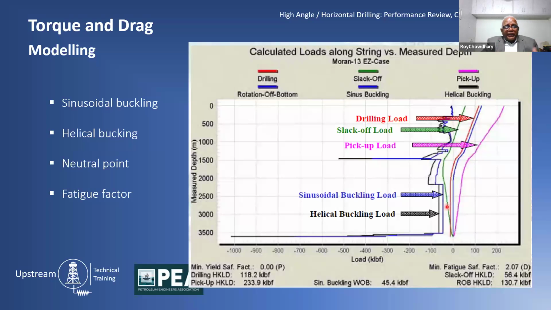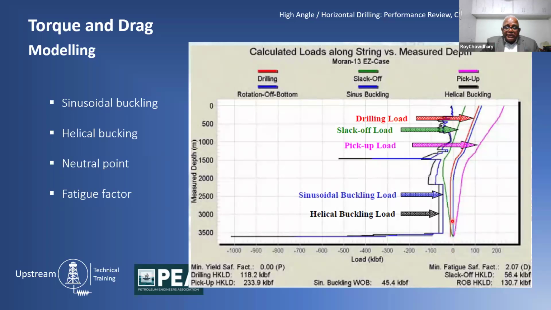So this is what is very useful, and it gives you the idea of sinusoidal buckling and helical buckling. You do not want to helically buckle your drill string. You could, if needed, remain in the sinusoidal buckling stage for a little while before you have to come out of it. Of course, it gives you an idea of where the neutral point is. Notice this is the zero line.